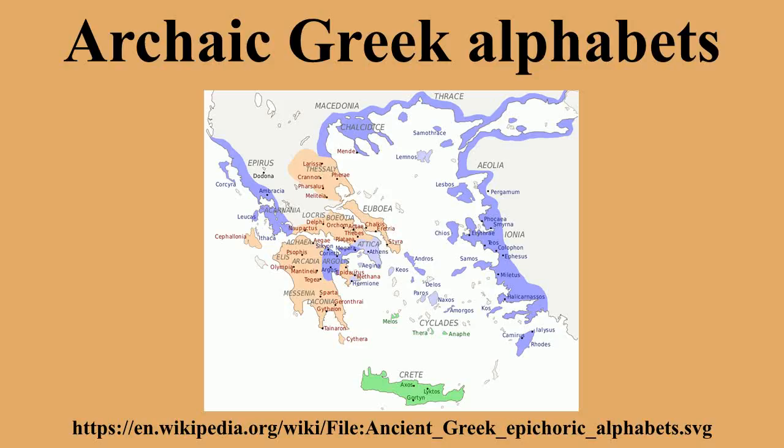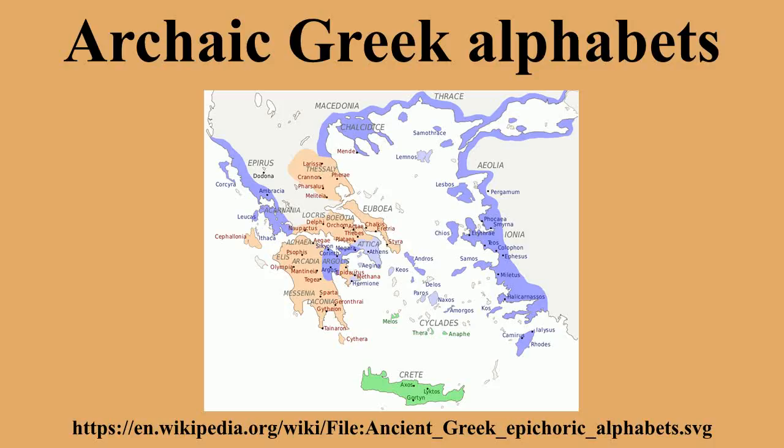The local, so-called epichoric alphabets differed in many ways: in the use of the consonant symbols chi, phi and psi, in the use of the innovative long vowel letters, in the absence or presence of eta in its original consonant function, in the use or non-use of certain archaic letters, and in many details of the individual shapes of each letter.